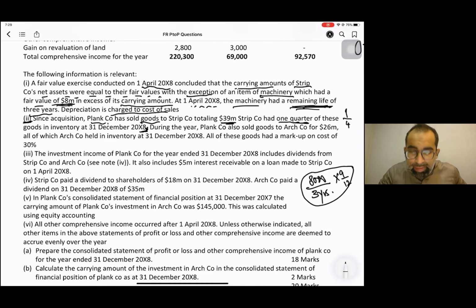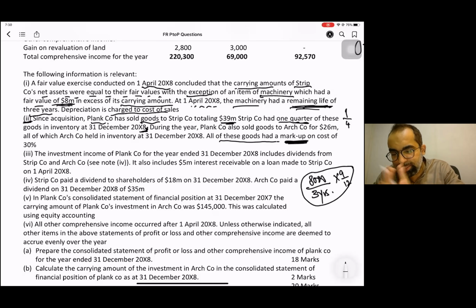Now, for that, you need to see the markup and margin. All of these goods had a markup. Please, don't expect that I'll teach you markup and margin here. You are old guys. You are with beard.